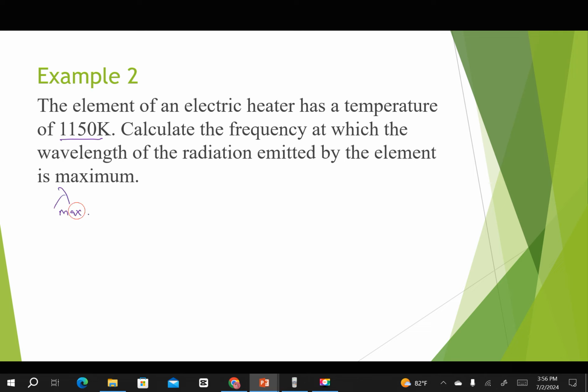Lambda max times the temperature T should be equal to a constant. For now, we shall use the constant as 2.9 times 10 to the power of minus 3. But remember, I said in the exam, you may not need to remember that constant. We want the frequency at which the wavelength of the radiation emitted by the element is maximum.